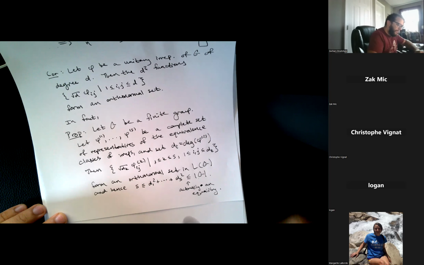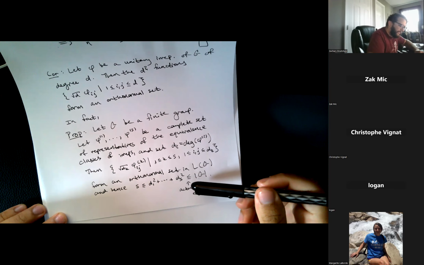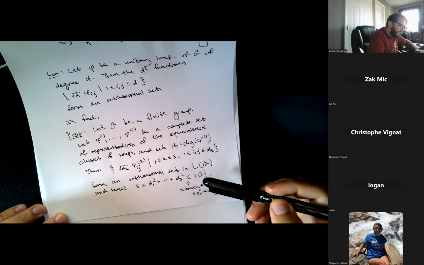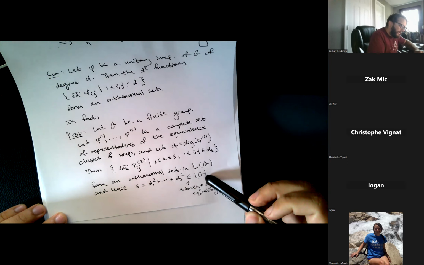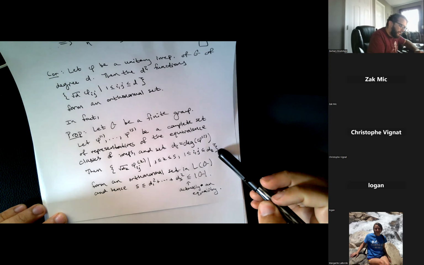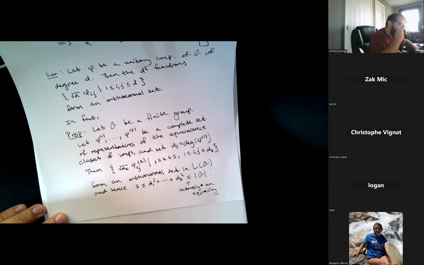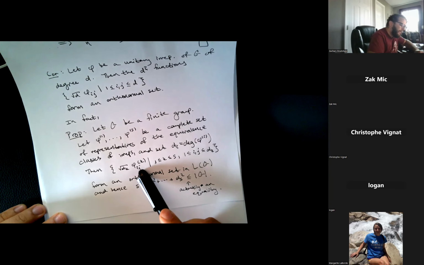We're getting this inequality from the fact that a basis for the group algebra will have order of G, and these things are orthogonal. How many of these phi ij's are there?